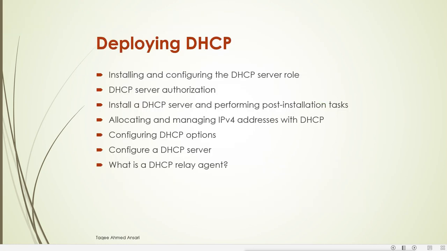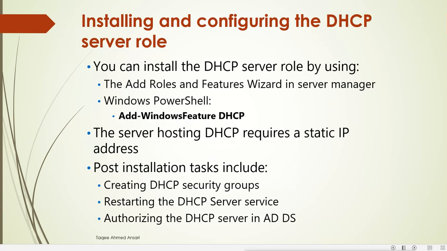Now, deploying the DHCP. First, for deploying DHCP in Server 2016, we have to install the role. We have to install the DHCP role by using the Add Roles and Features option in Server Manager, or we can use the Add-WindowsFeature command from PowerShell. So first we install the role, either graphically from Server Manager or with the PowerShell command.